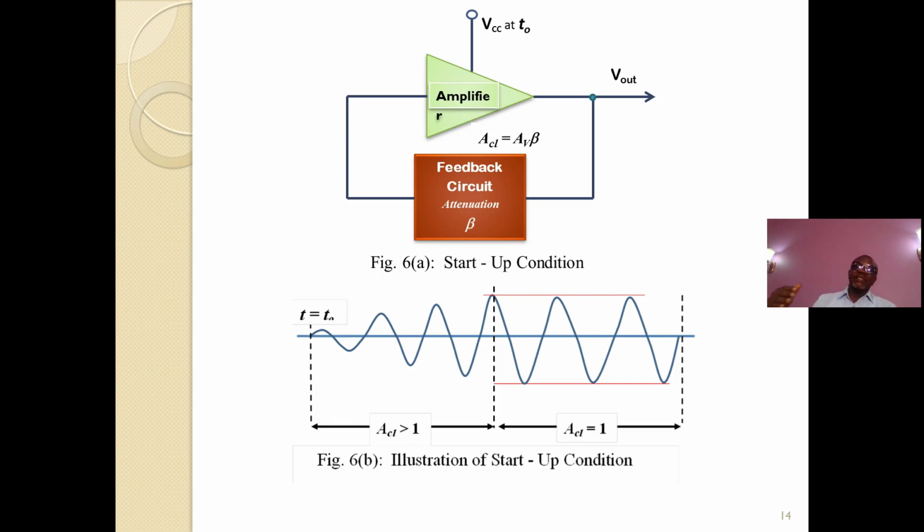Then the system is made to come down to unity, 1, and remain at 1. When it remains at 1, you see that the signal produced will be the same and uniform. So see that is what happens. Now, how does this oscillating circuit maintain this? Let's see.